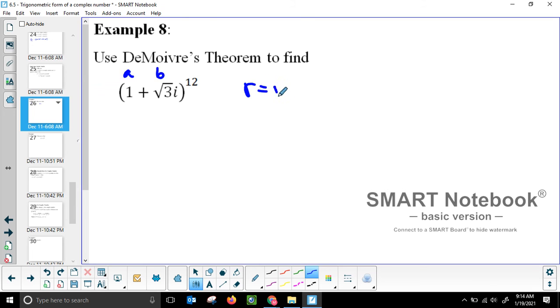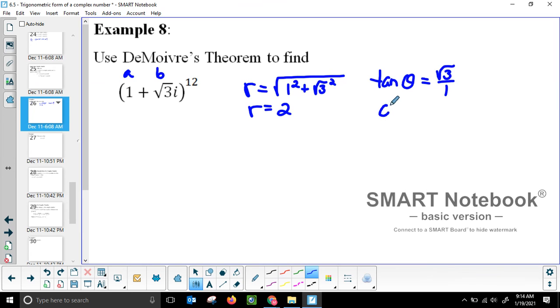So my r is equal to the square root of a squared plus b squared. That's 1 plus 3, which is 4. The square root of 4 is 2. Tangent theta is going to equal b over a. On the unit circle, the tangent is square root of 3 at pi over 3 and 4 pi over 3.